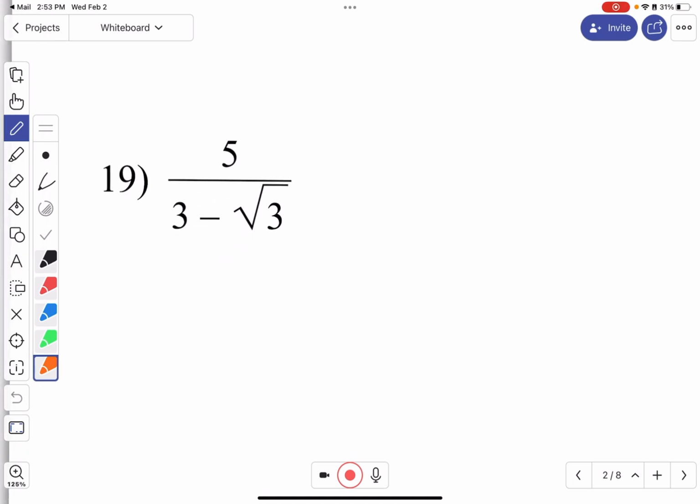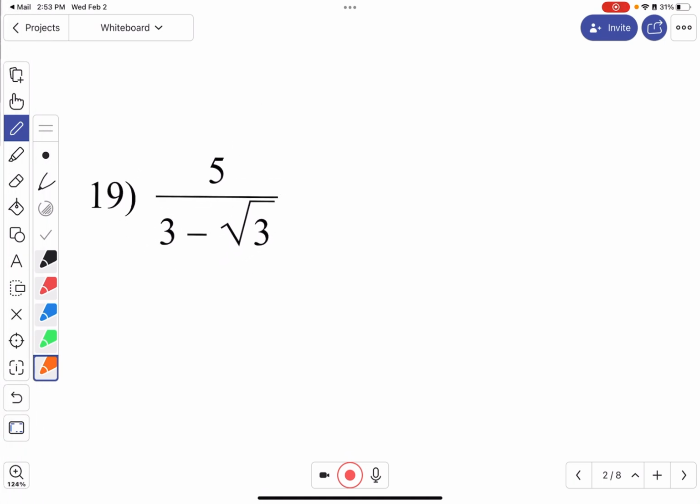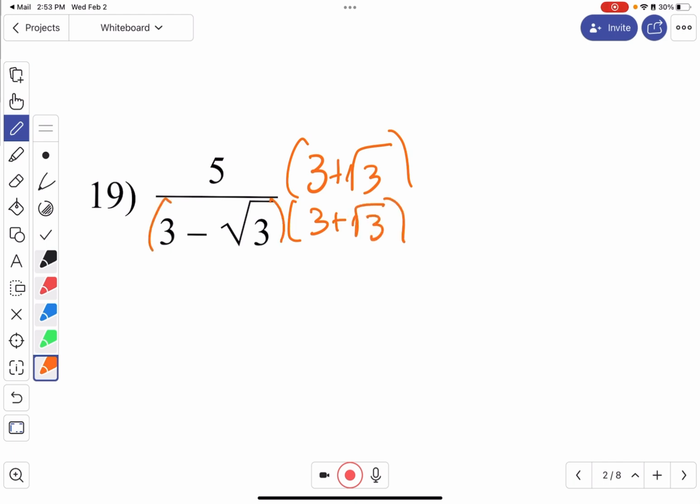Number 19. Okay, so now we've got to multiply this by the conjugate. So the conjugate for 3 minus radical 3 is 3 plus radical 3. So we're going to multiply both the numerator and the denominator by 3 plus radical 3. Distribute on the top. That's 15 plus 5 radical 3.